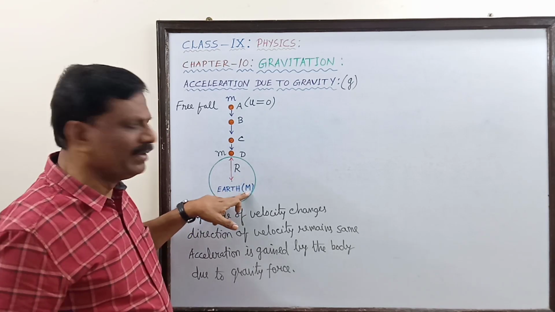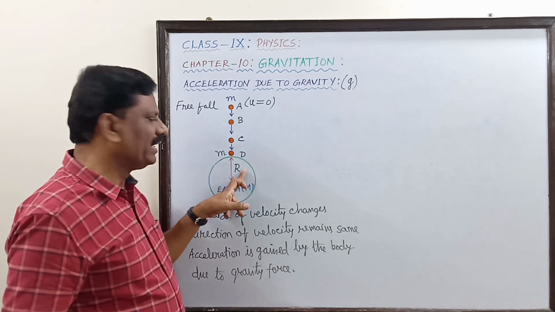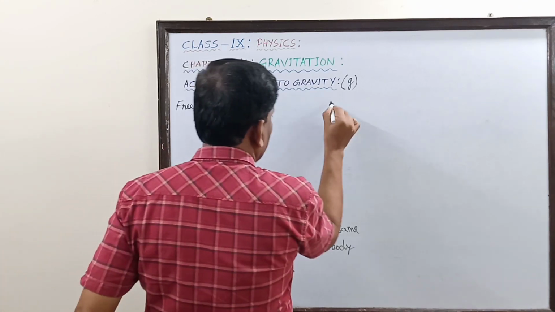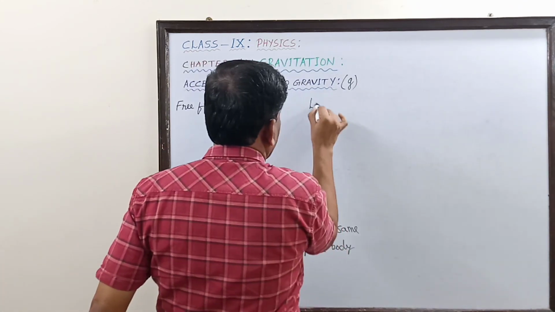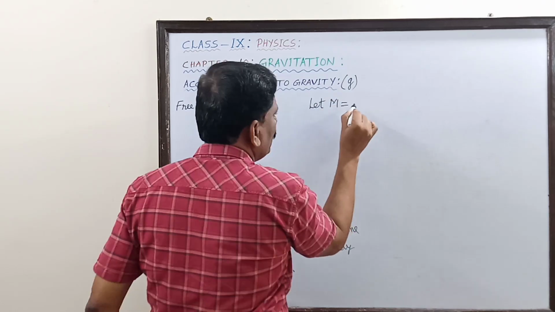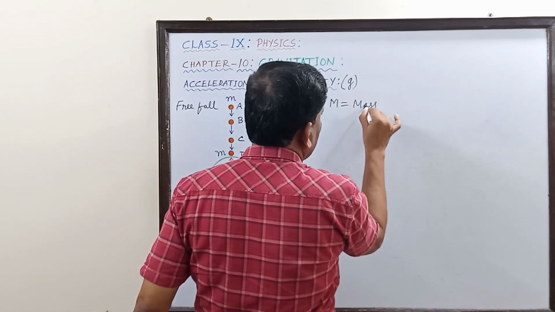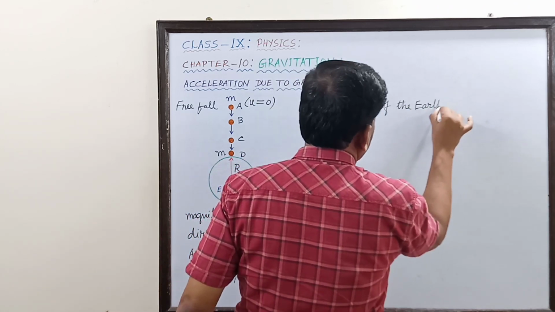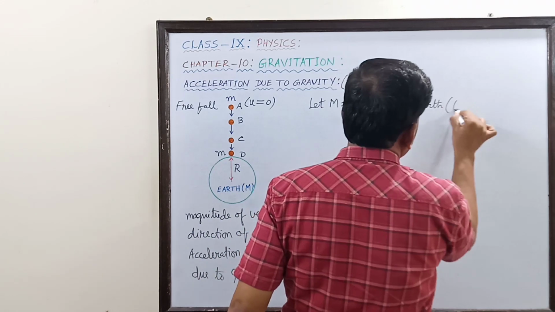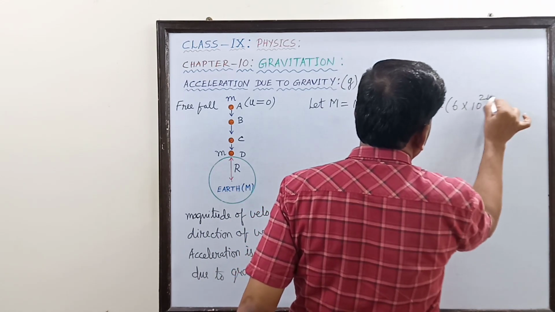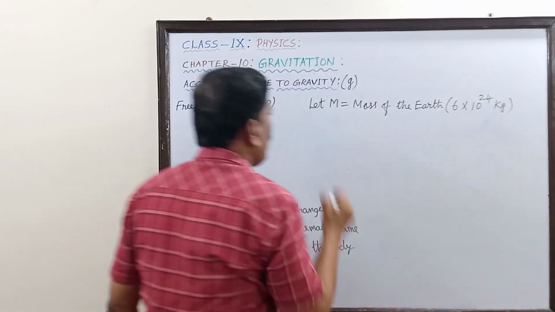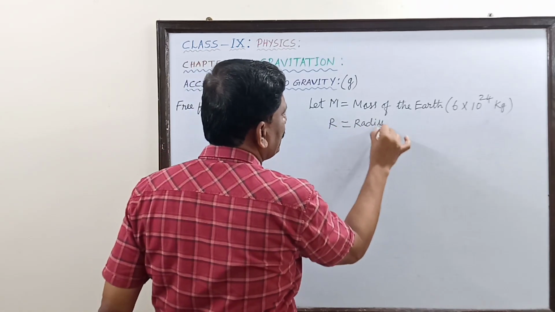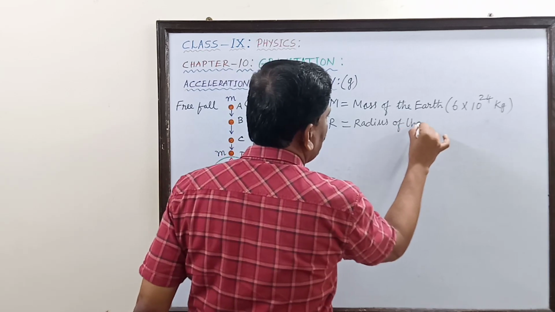So let capital M be the mass of the earth, and the mass of the earth is nearly equal to 6 into 10 to the power of 24 kilogram, and capital R be equal to the radius of the earth.